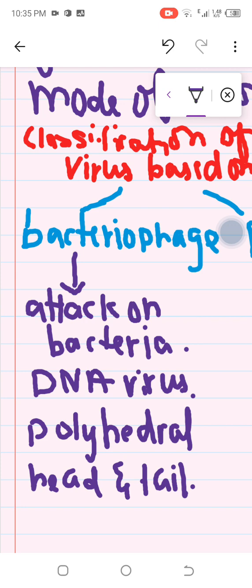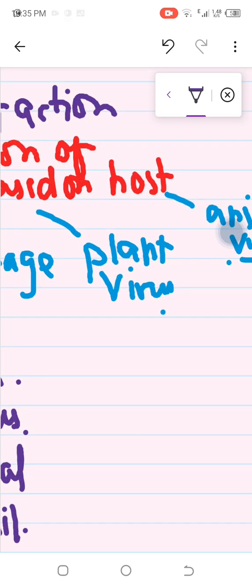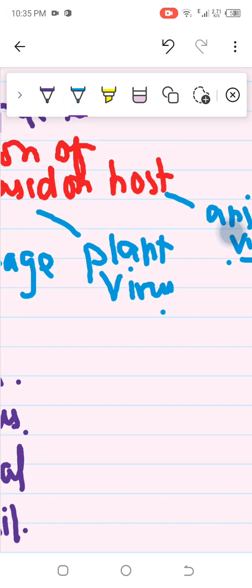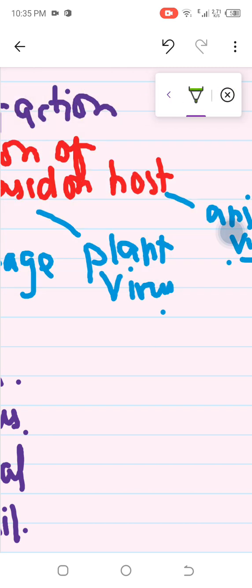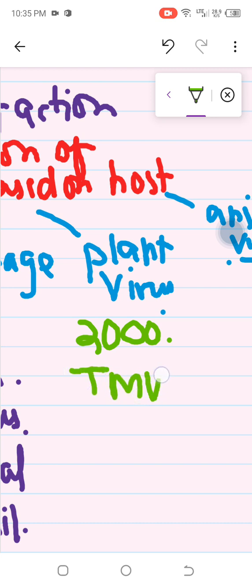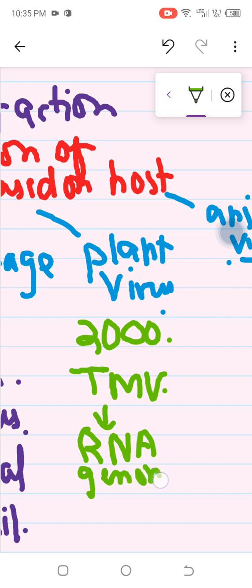And now the plant virus. We know that more than 2000 types of plant virus are known, and mostly these plant viruses are caused by TMV. TMV contains an RNA genome, and those viruses also contain an RNA genome.